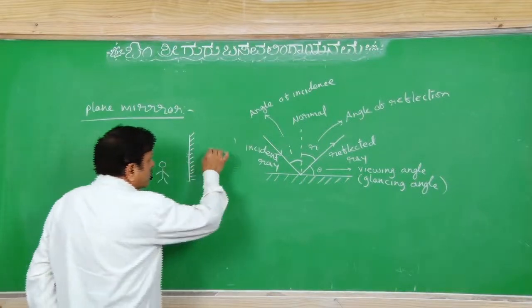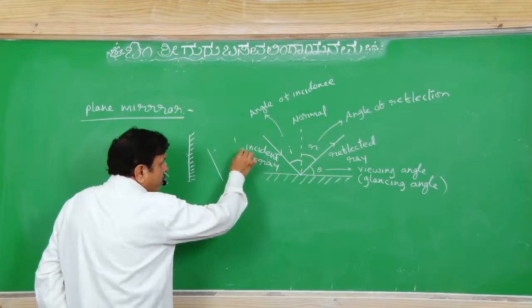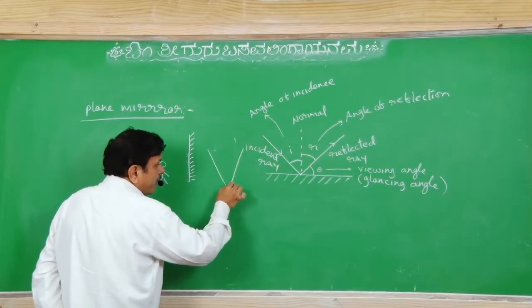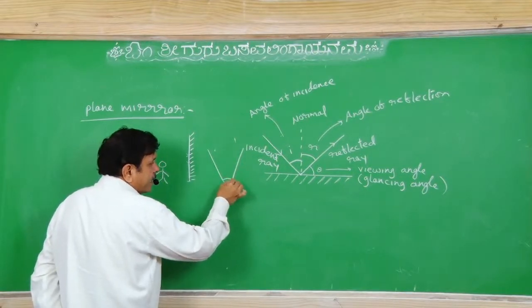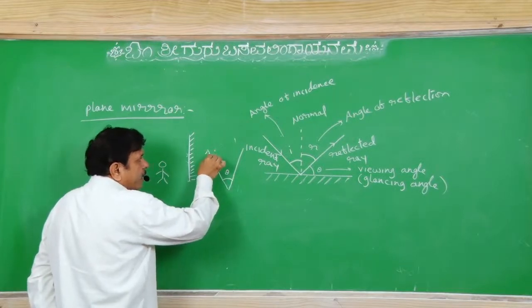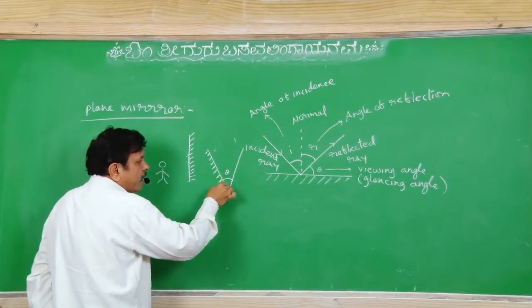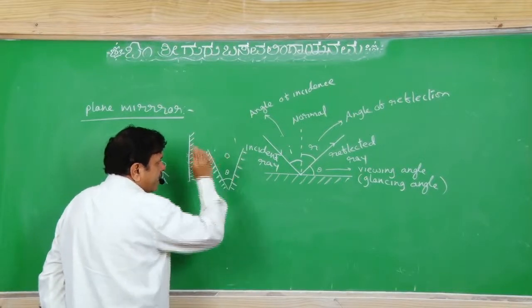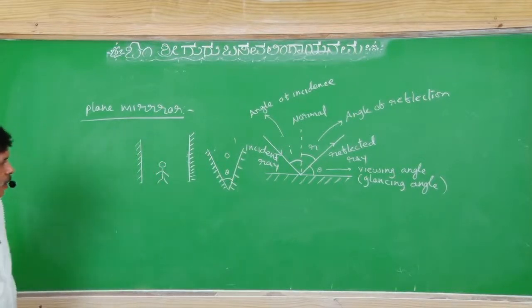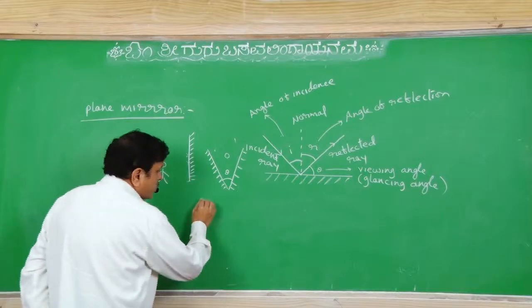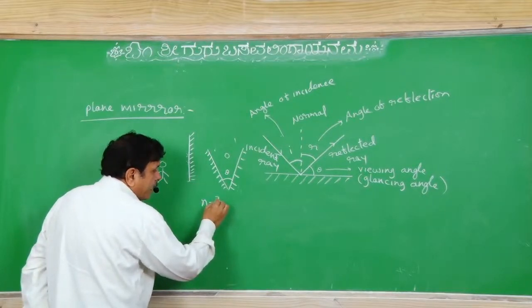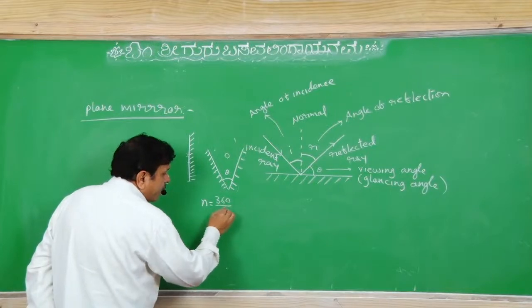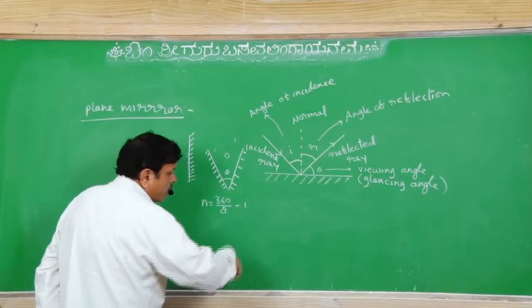Suppose the 2 mirrors are adjusted so that the angle between them is theta, and the person is standing here. Then the number of images seen is given by 360 divided by theta minus 1.